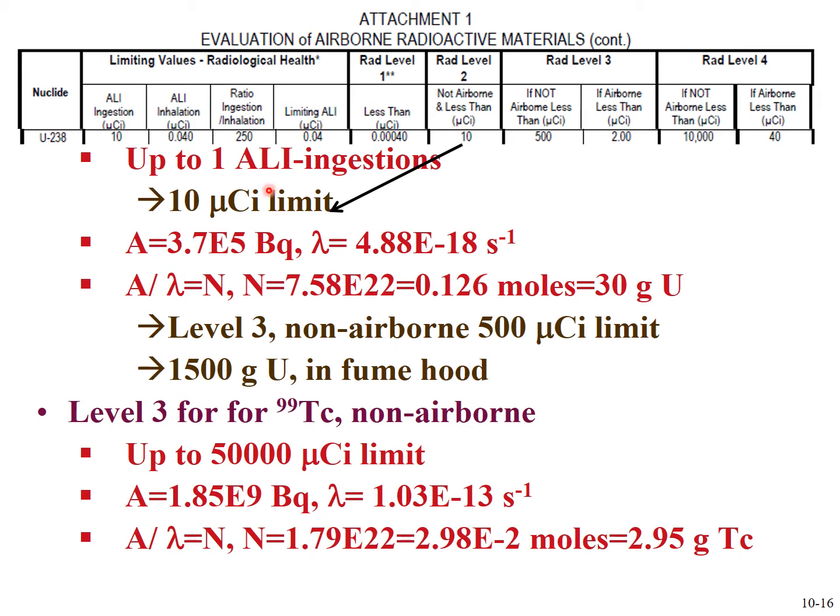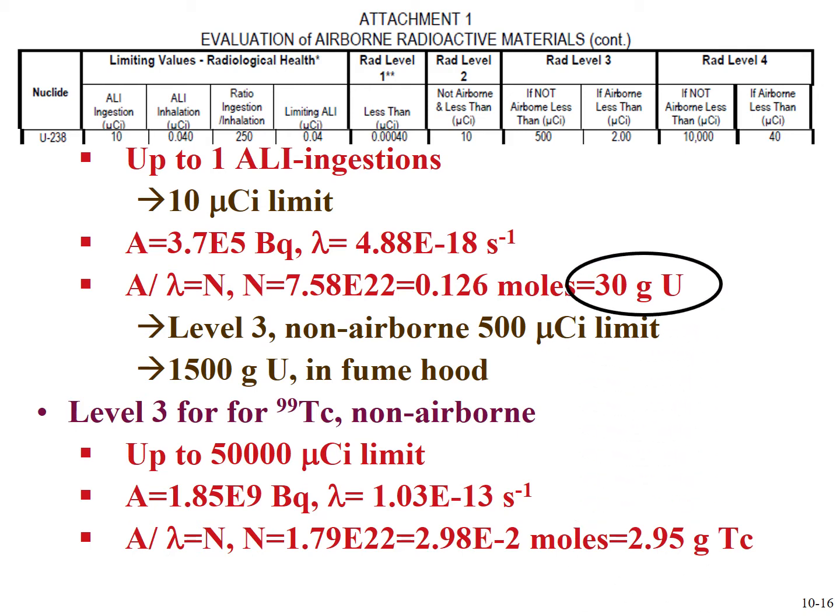So I take 10 microcuries, I convert that to becquerel, I get my decay constant for uranium-238. I solve this equation. I see that 10 microcuries is 7.6 times 10 to the 22 atoms of uranium-238. That is 0.126 moles, and that winds up being about 30 grams of uranium-238.